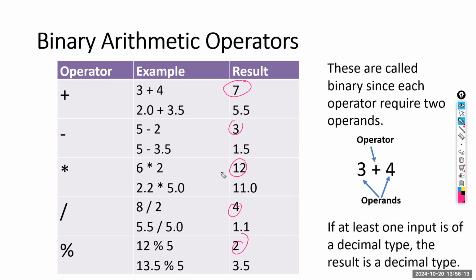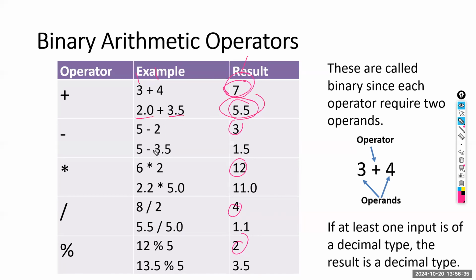But if you have at least one decimal, your result is a decimal. Those are small patterns you need to remember and understand. If both are ints, the result is int. But if you have at least one decimal, or both, the result is also decimal.